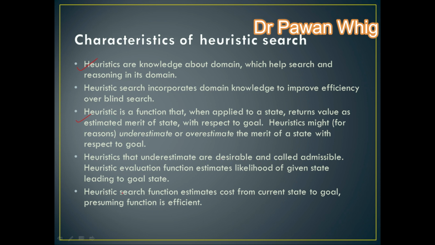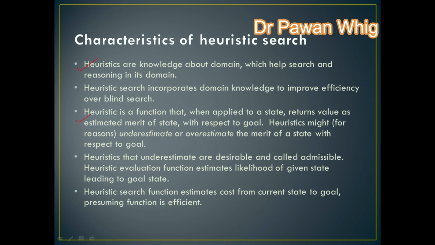Heuristic search functions estimate the cost from the current state to the goal, presuming the function is efficient. These characteristics are sometimes asked in the exam, so I advise you to pause the video and note them down.